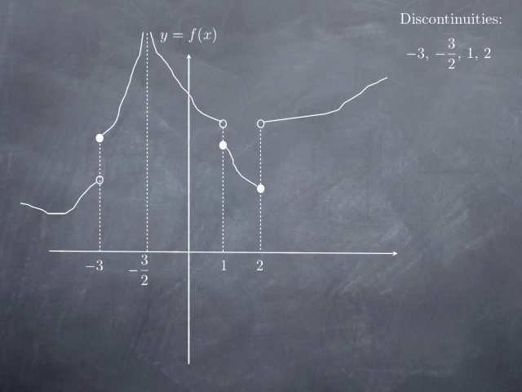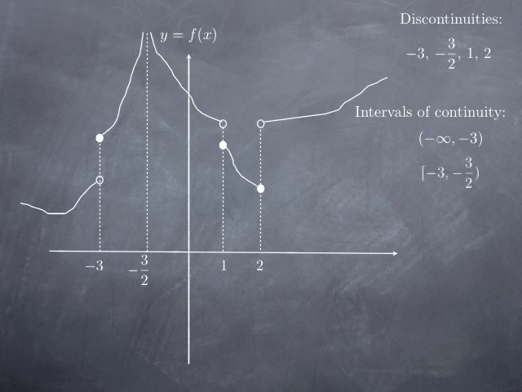At -3 the function is not even defined. If we ask on the other end for the intervals of continuity, then the function is continuous on -∞ to -3, open at -3, because you see that at -3 we don't have this limit from the left that coincides with the value of the function at -3.